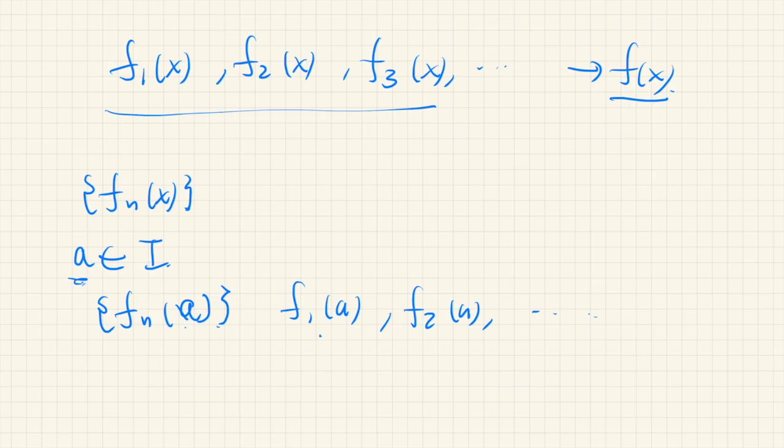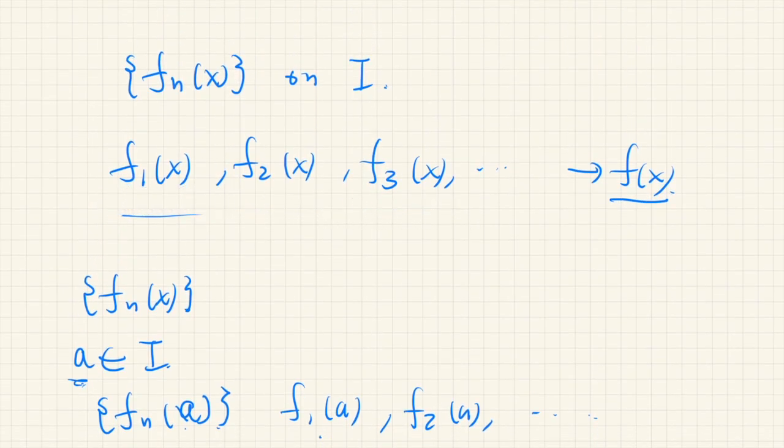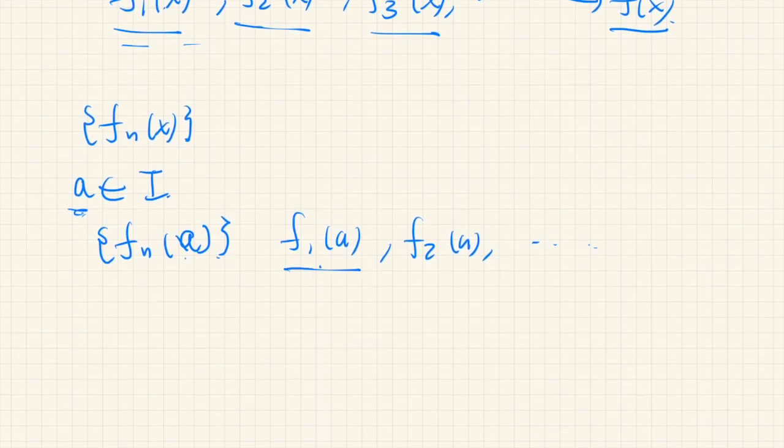By the way, the original sequence is a sequence of functions, so x is a variable, so it's not determined yet. So this is a function, this is a function, this is a function, but here, this is a number, and so on.